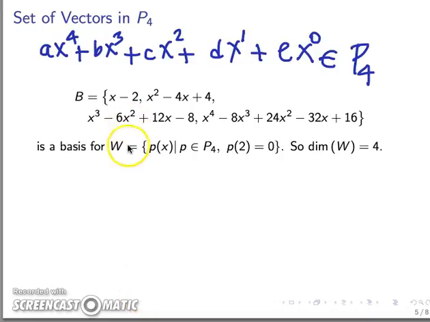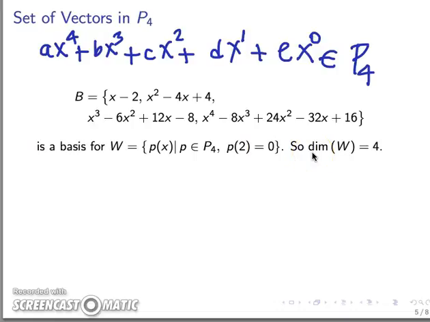And this would be a basis for a subspace of P4. This subspace is denoted as W, and W contains polynomials of degree 4 with one of the roots being the number 2. So when those polynomials are evaluated at 2, they are equal to 0. You may remember this as a case study that we had analyzed before.